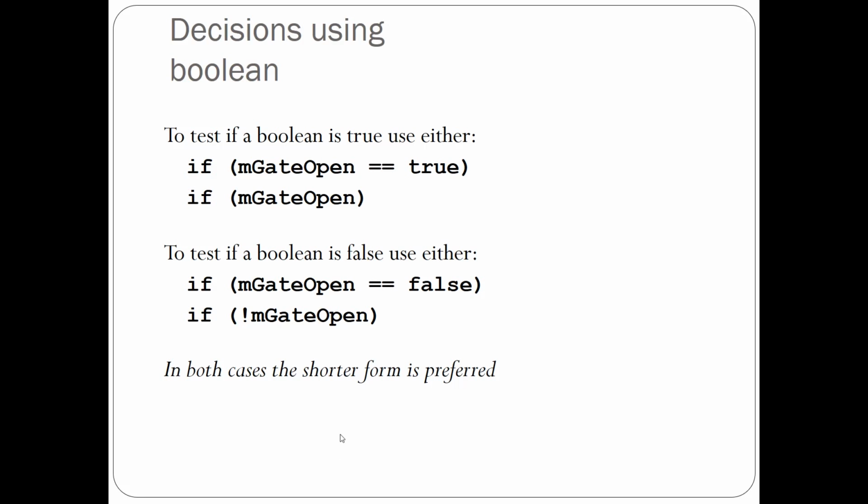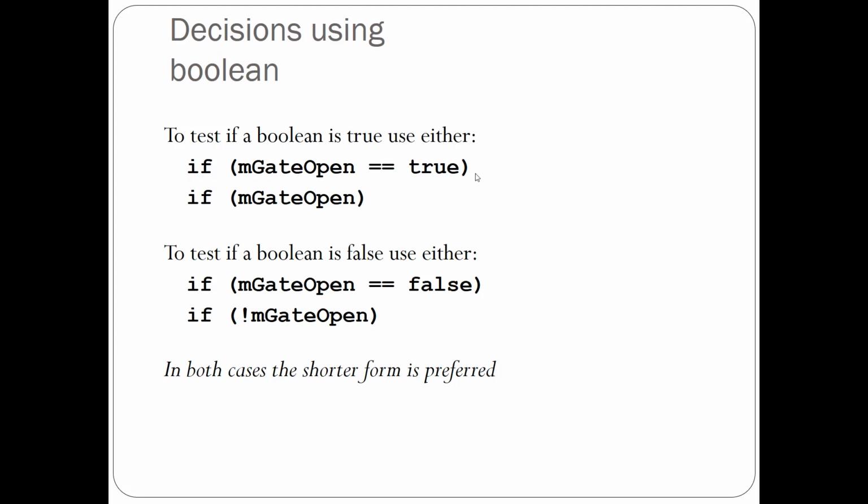Now you might notice, in these notes, or in other notes that you might see if you go doing your research on the internet or in books, that sometimes testing the state of a Boolean using an if statement can be written in different ways. There's actually a short version of it.